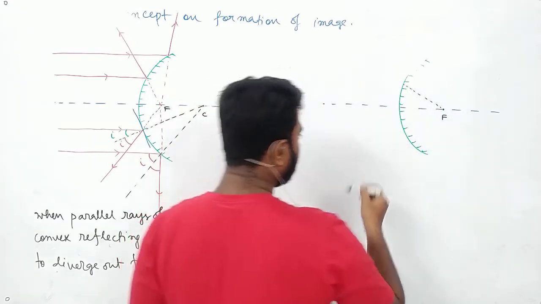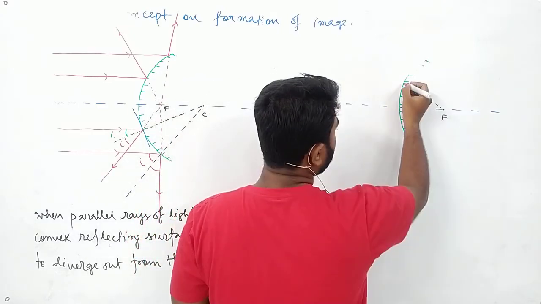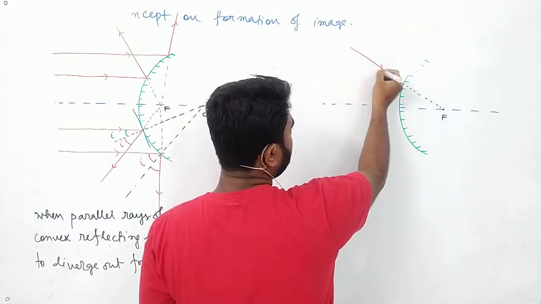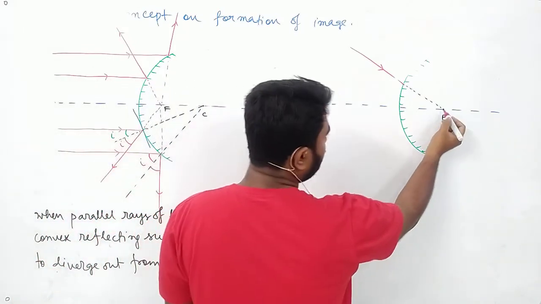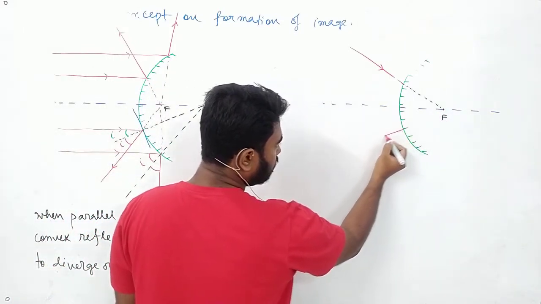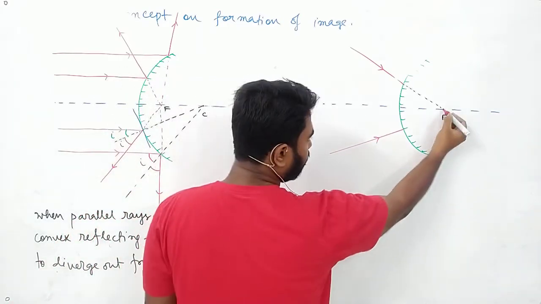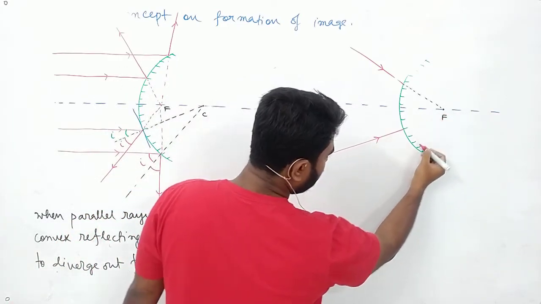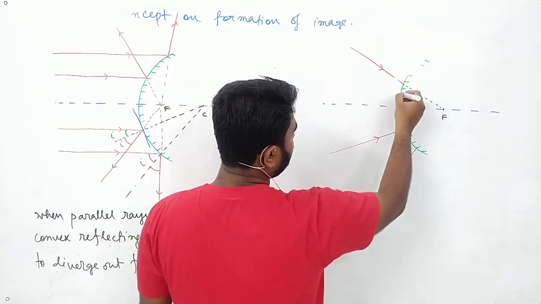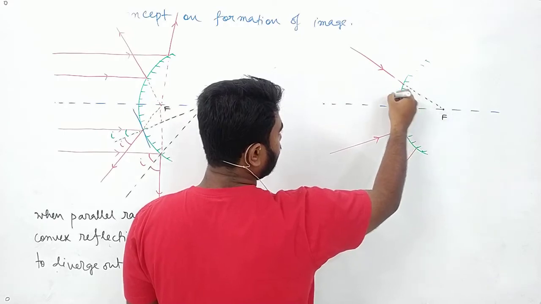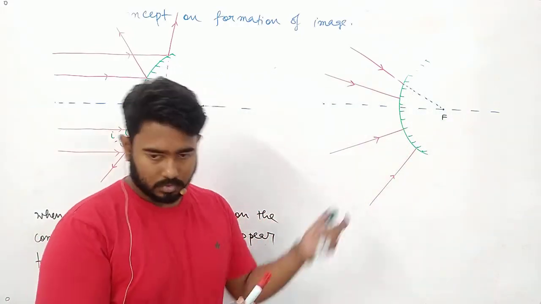If the rays of light come such that they are aiming towards the focus, you got my word clearly? What will happen? Can you draw a diagram for me? Try it now.